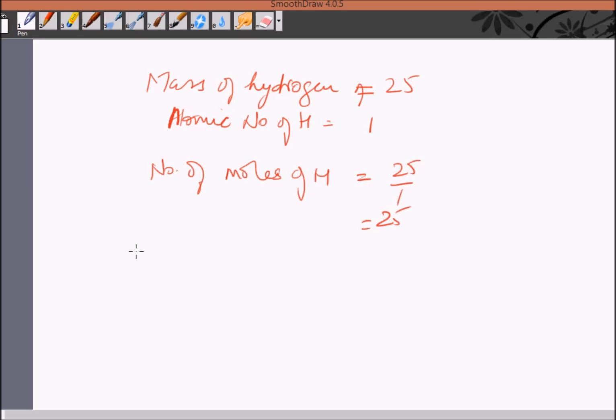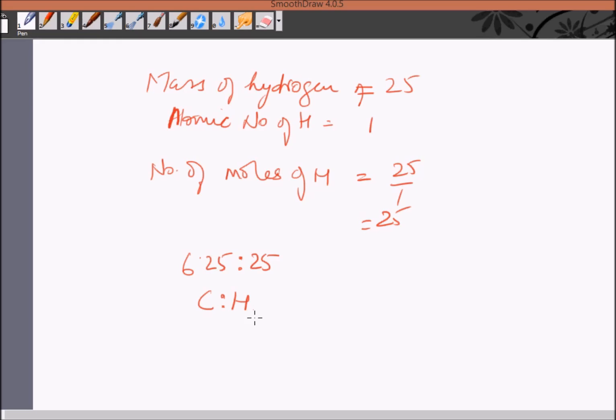So now the ratio of moles of C and H atoms in the compound will be 6.25 is to 25, that is C is to H. From this we conclude that for every 6.25 carbon atoms there are 25 hydrogen atoms in the compound.